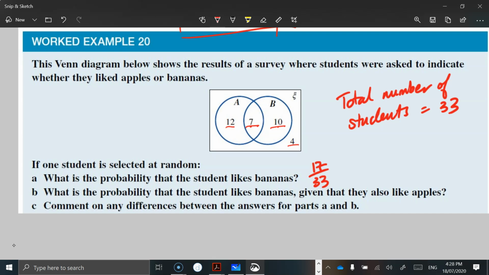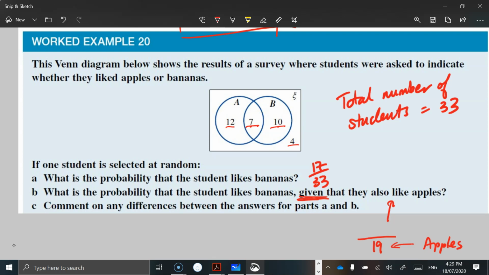Okay, so if we look at the number of people that do like apples, that is 19 students. Okay, so there's your first part, out of the 19, because that's the condition. The condition is apples.